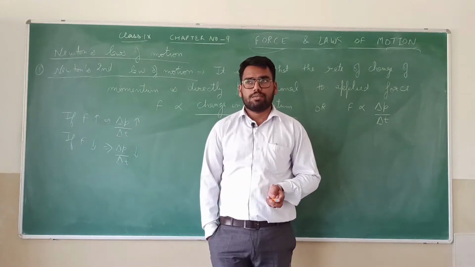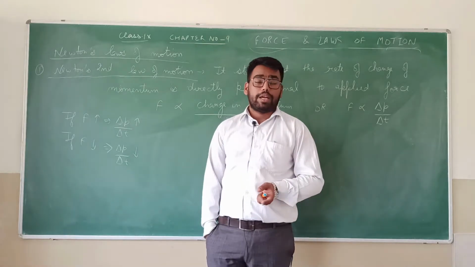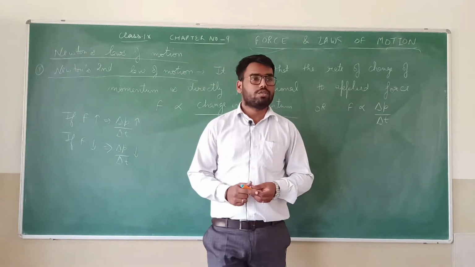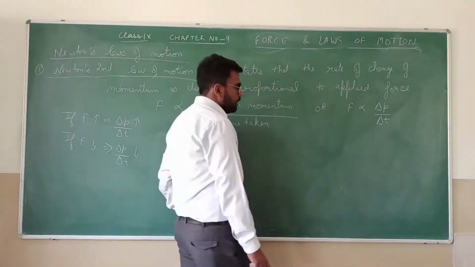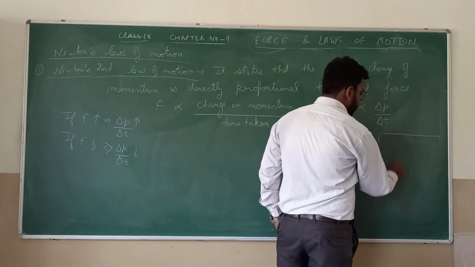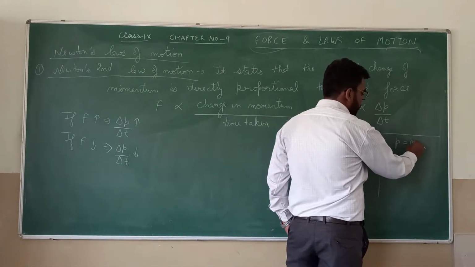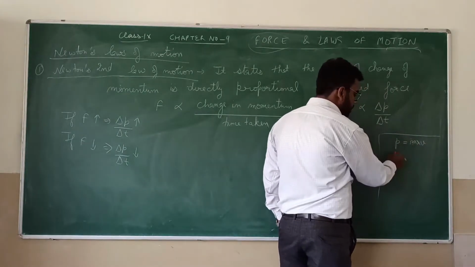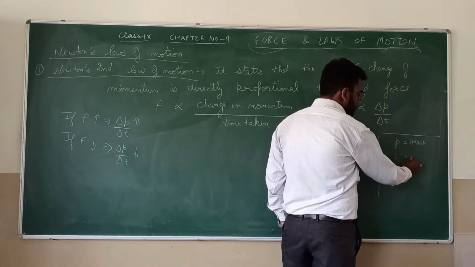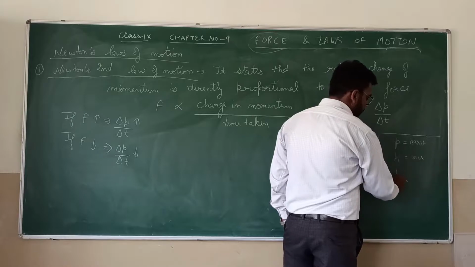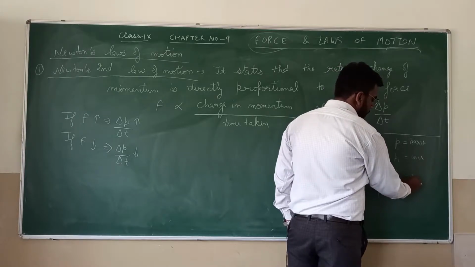Next we discussed momentum. What was momentum? It was the product of mass and velocity. The symbol of momentum was P, and its formula is m into v. Initial momentum was mu, final momentum was mv.